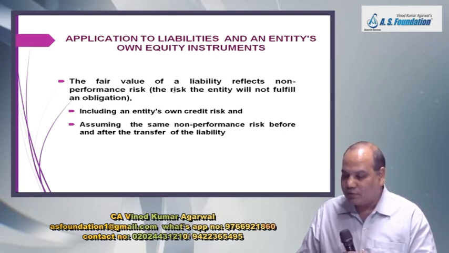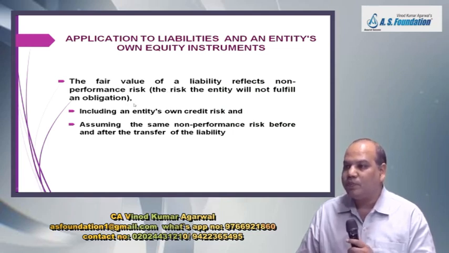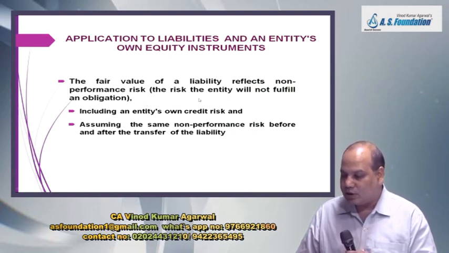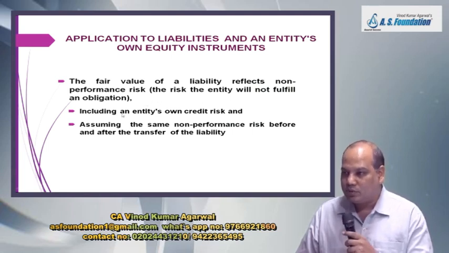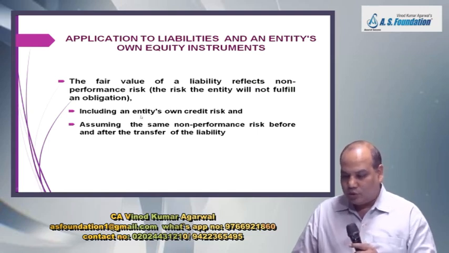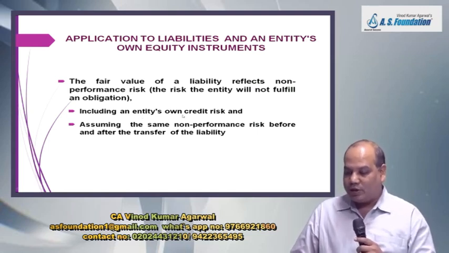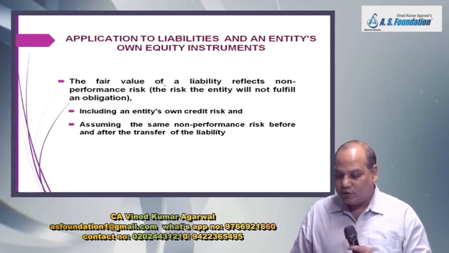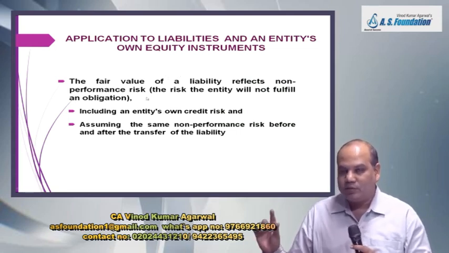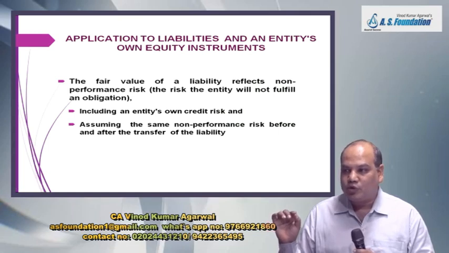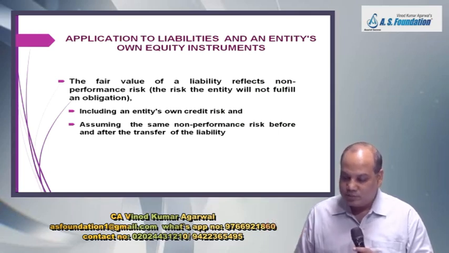While calculating the value of liability, one should also take into account non-performance risk. What do you mean by non-performance risk? The risk that the entity will not fulfill an obligation, including an entity's own credit risk. Like for example, in order to value a liability, we will use a 10% discount rate normally.